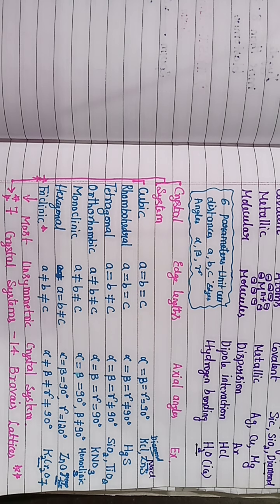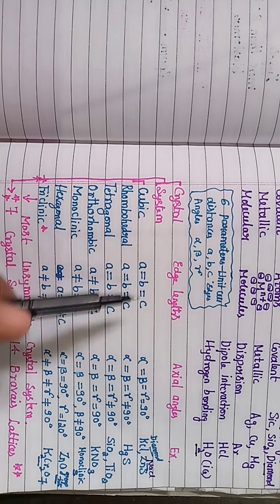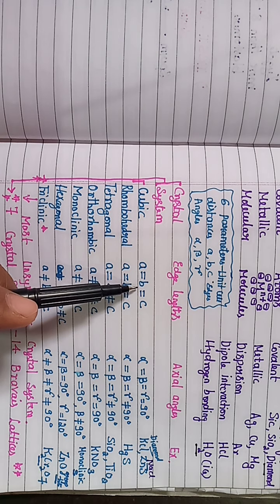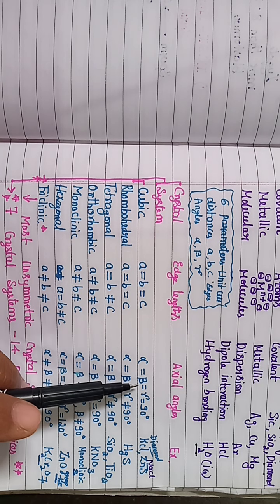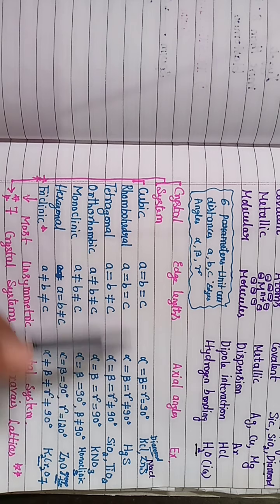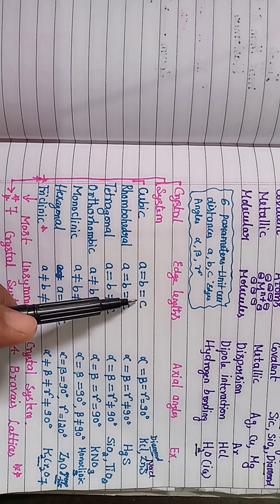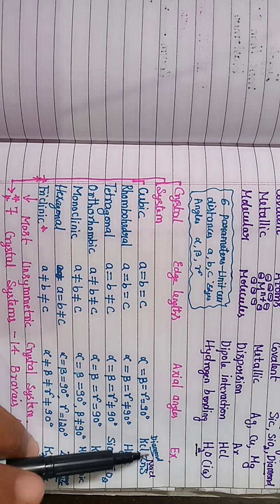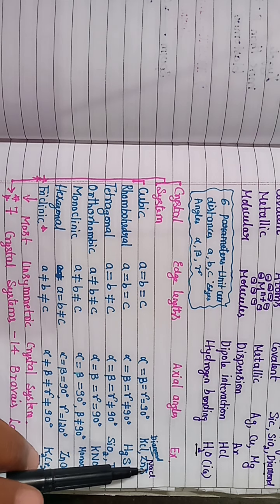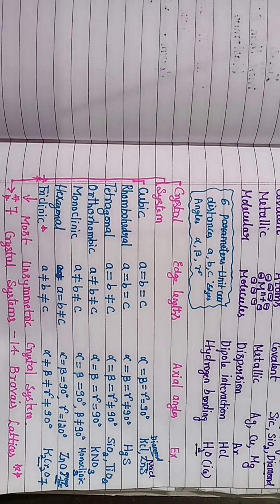The most important one is cubic, where all the edge lengths are the same and all the angles between the edges are 90 degrees. Best examples: diamond and NaCl show the cubic crystal system, whereas graphite shows hexagonal.